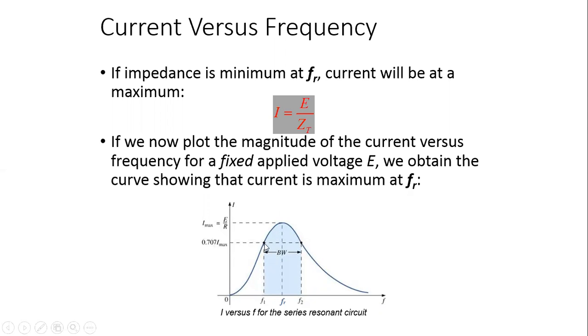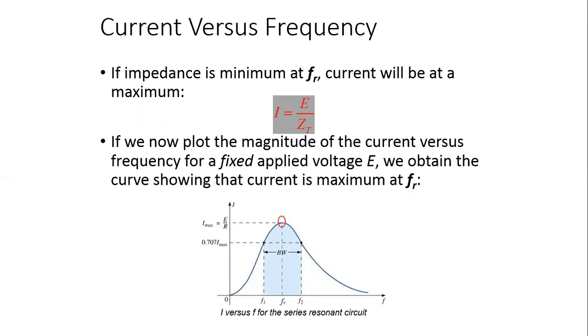So this particular point and this point are nothing but the initial and the final frequency, and the range of these frequencies is nothing but the bandwidth, and this particular peak point is nothing but the resonance frequency. So if we plot the magnitude of the current versus the frequency, a fixed applied voltage will be there to obtain this curve. In this way you can get the maximum current at a particular resonance frequency.